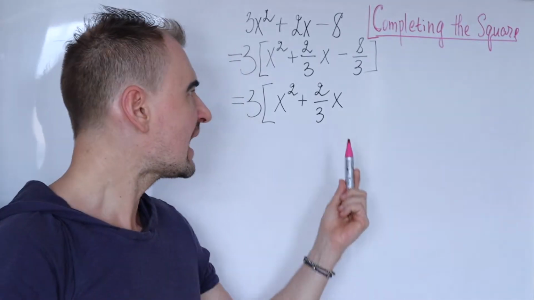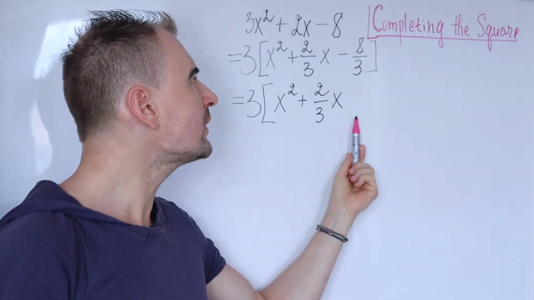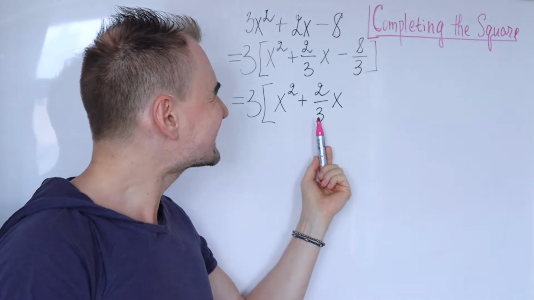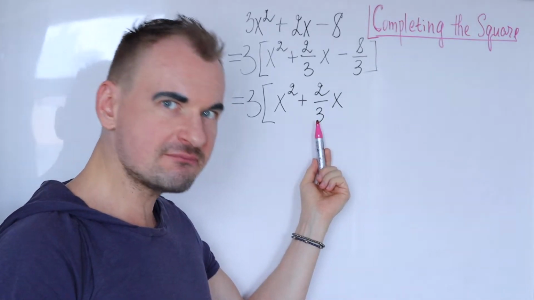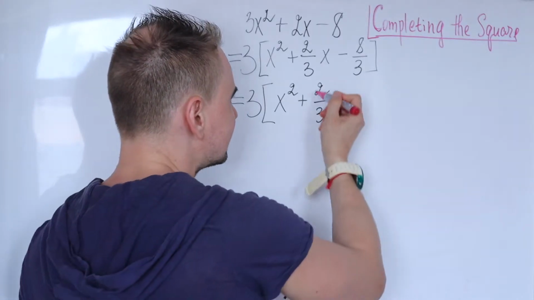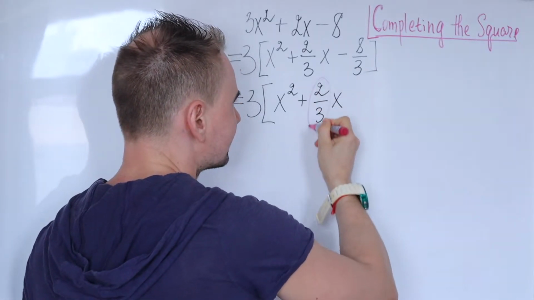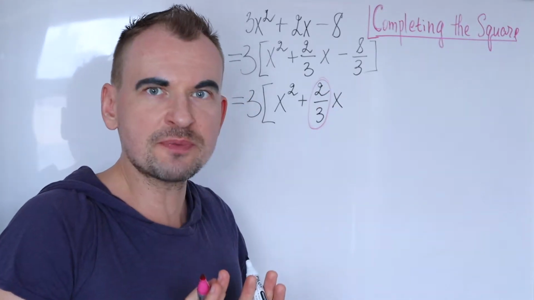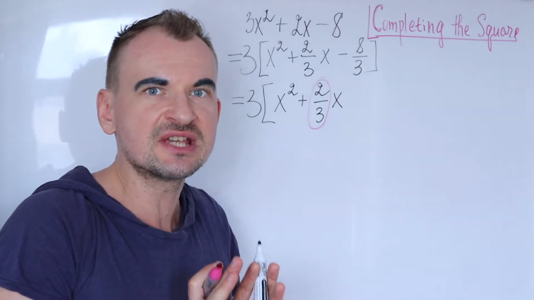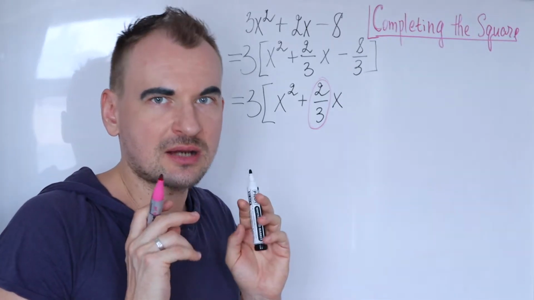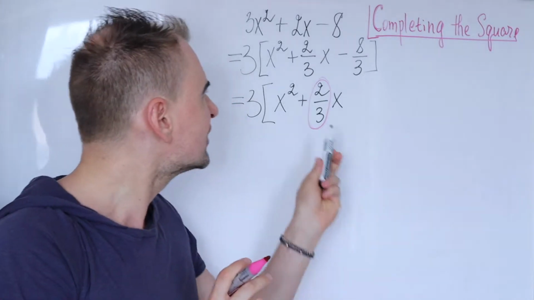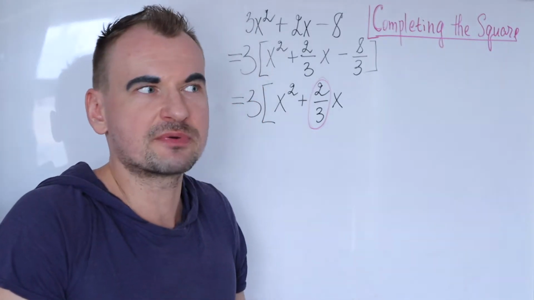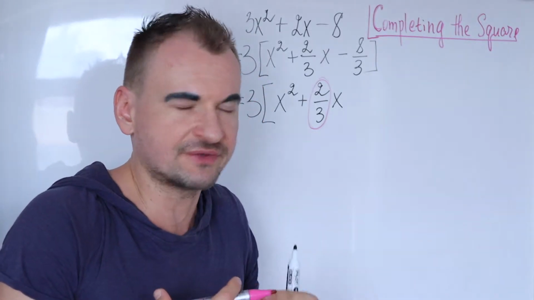Now, at this point, you are going to work with the second coefficient, the middle coefficient, which in this case is 2 over 3. It's a fraction. To be perfectly frank with you, fractions come up a lot in this topic, especially when you take something out, so you have to carry on with fractions.